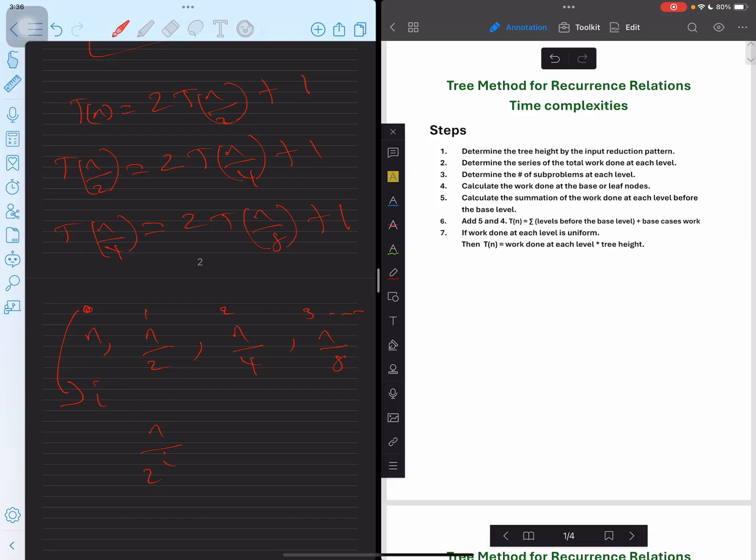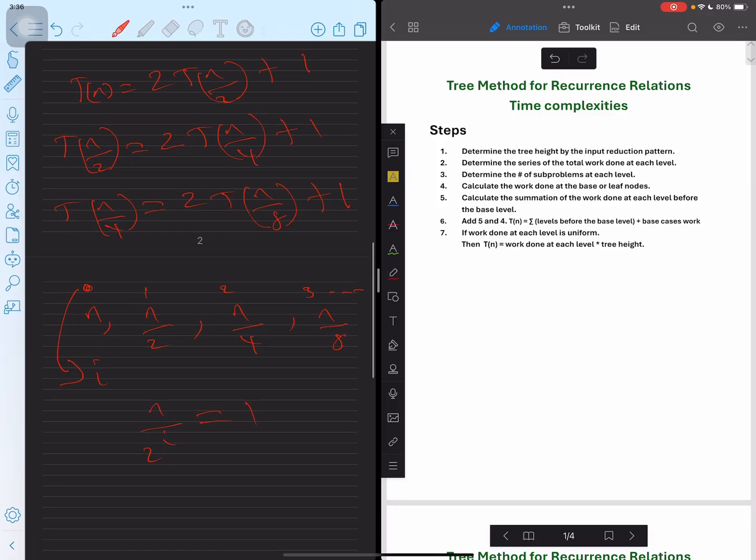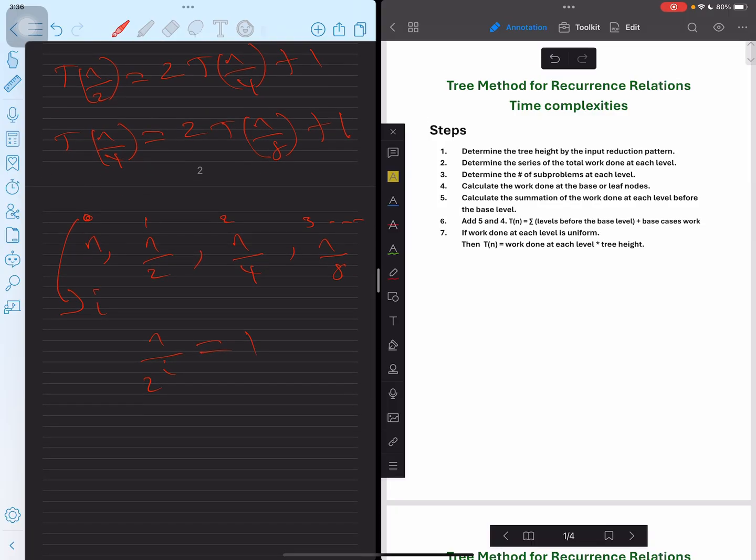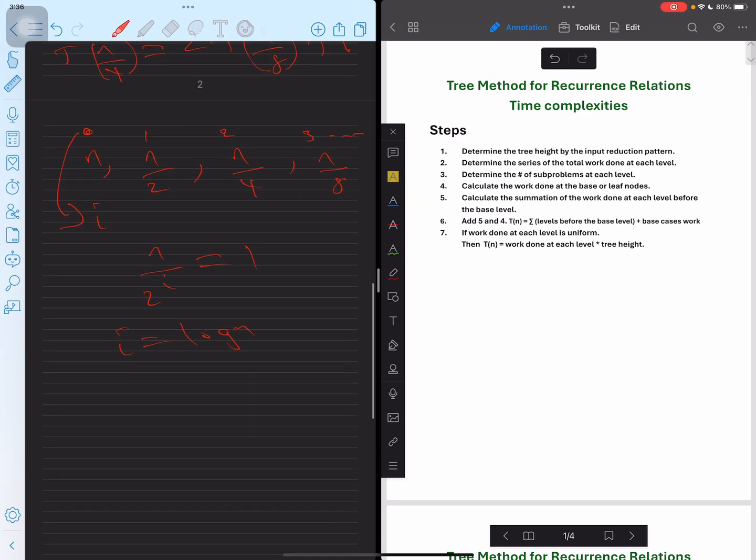Now, at the base case, I will equate this to 1 because the input is going to be 1, right? Then i will be log n. So how did I get this? I just cross multiply. So n goes to 2 to the power of i.